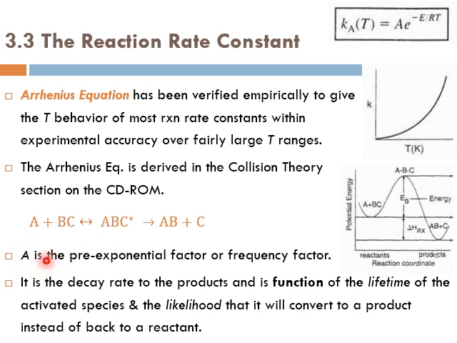You can see it in the value of A. The value of A will be small. And A is also a function of the likelihood, the probability that this species will dissociate into the product rather than dissociating back to the reactants again. So now we know what A reflects. Again, it's called the decay rate to the products, the decay rate of the activated species.